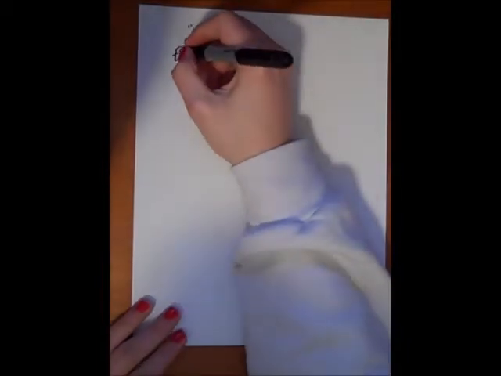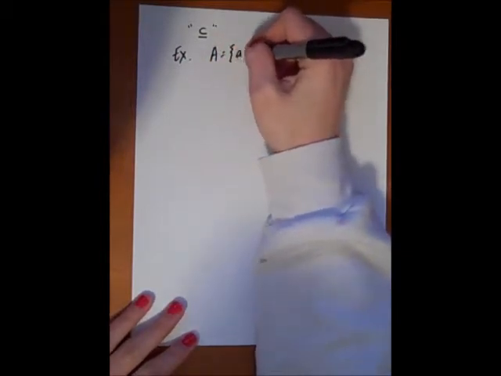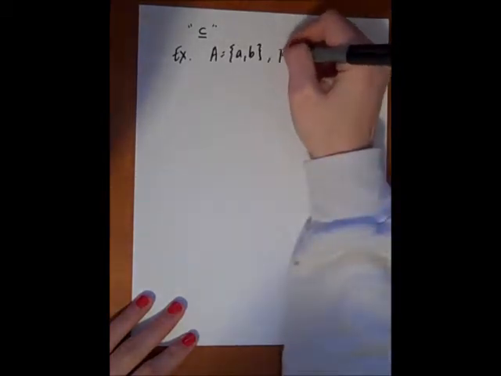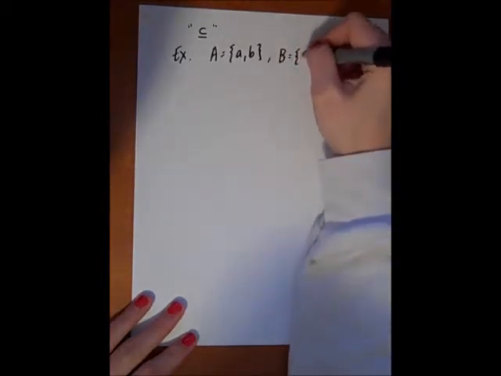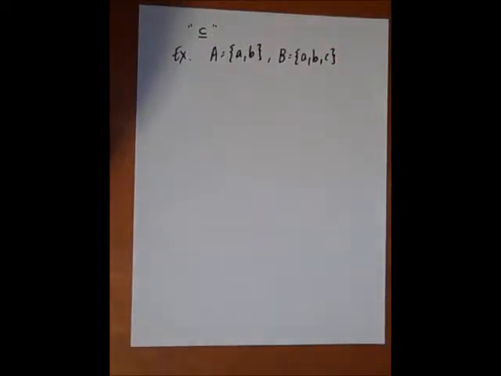So for example, let my first set be A, which is going to be the letters a and b, like we've been using. And then let's have the set B, which is the set a, b, and c. So those are my two sets that I'm going to work with.